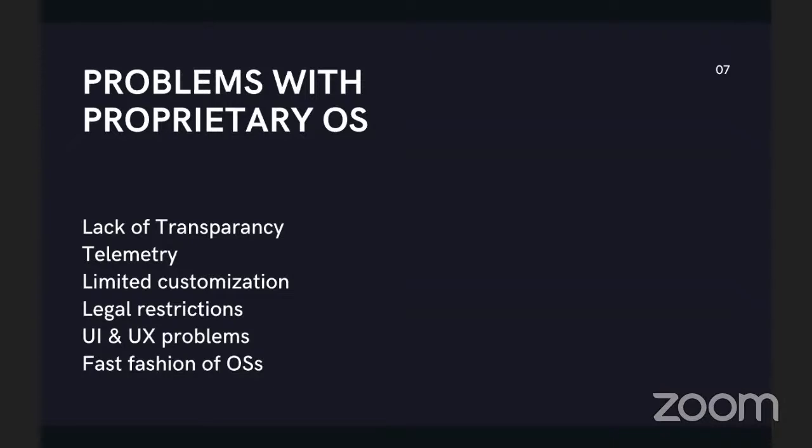And one of the most affecting problems of proprietary operating systems is the fast fashion of operating systems. As we know with Windows 7, every time a new version of Windows comes, the old version will be deprecated, as well as the old hardware.